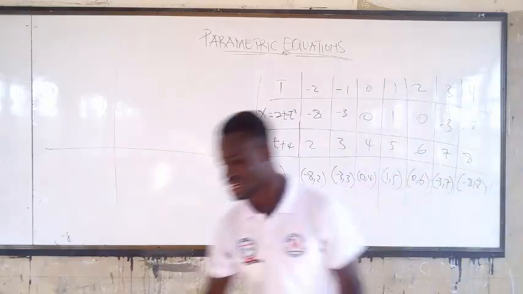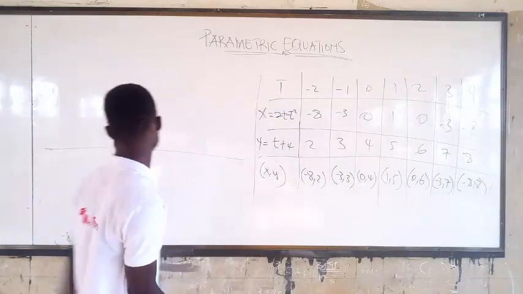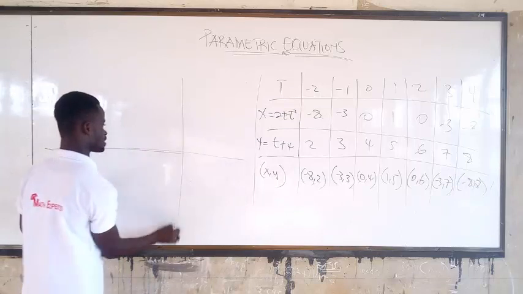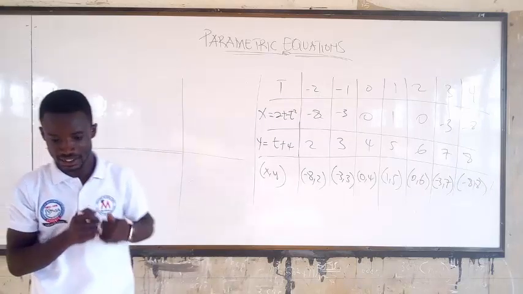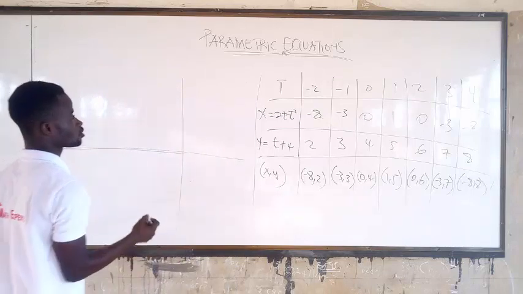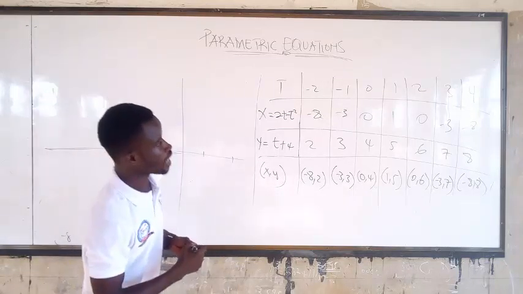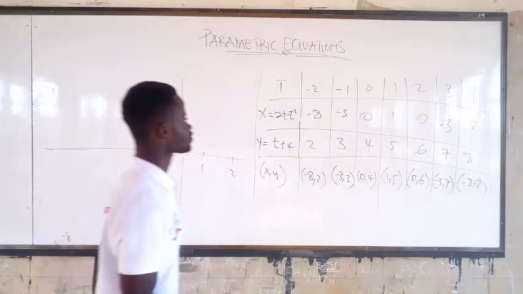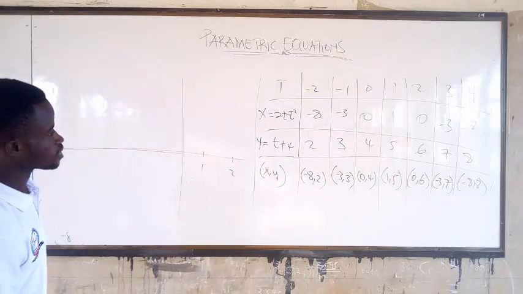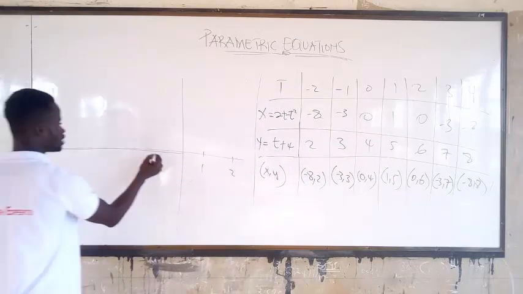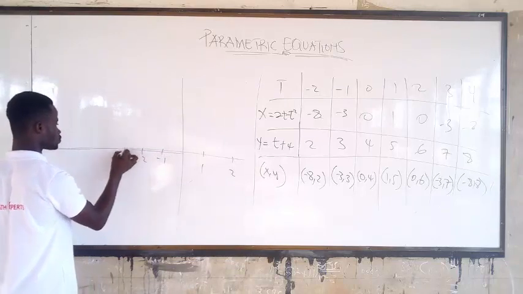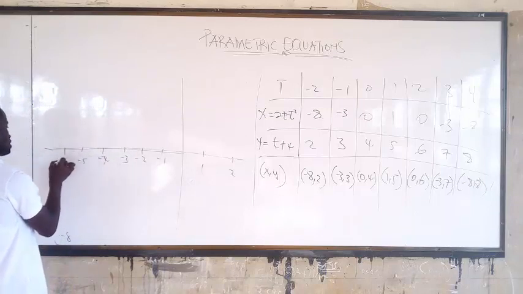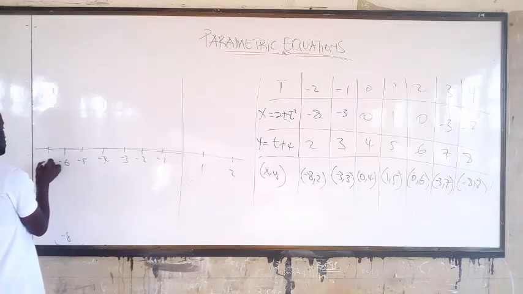That means that for the graph, we have to limit the positive side for x, so that more will come to the negative side. Alright. So here, the scale, we can make it 1, 2. In fact, we don't even have positive 1 there. So we can leave it like this: negative 1, negative 2, negative 3, negative 4, negative 5, negative 6, negative 7.